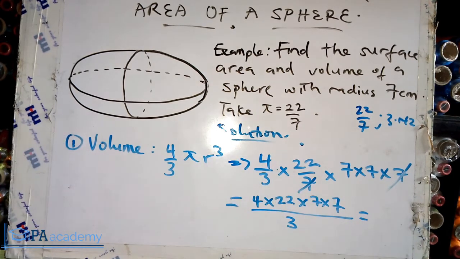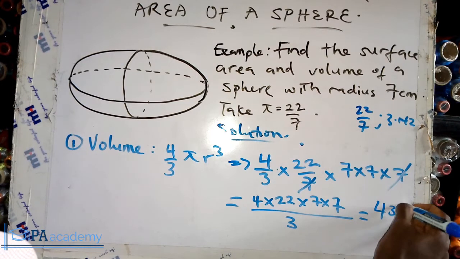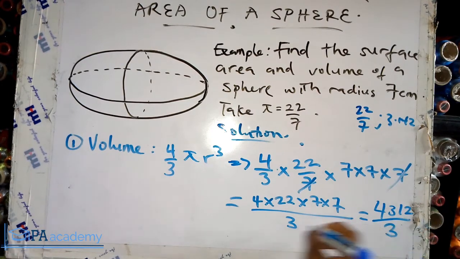So let's calculate that. 4 times 22 times 7 times 7 is 4,312, divided by 3.